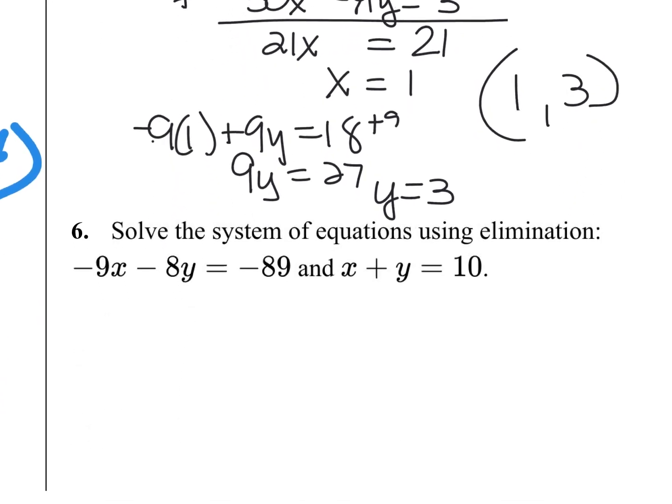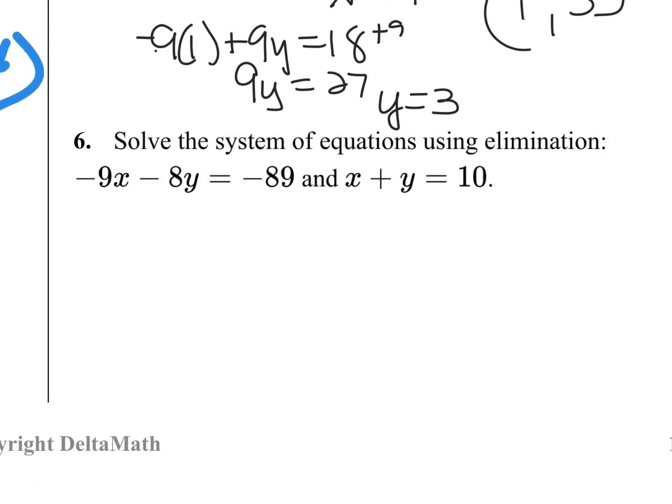All right, number 6, it says solve the system using elimination, which is what we were doing. So we've got a -9x here. So I'm just going to do 9x here and they'll cancel out. Or I could have just done 8 here and they'd cancel out. But I'm just going to multiply this by 9.